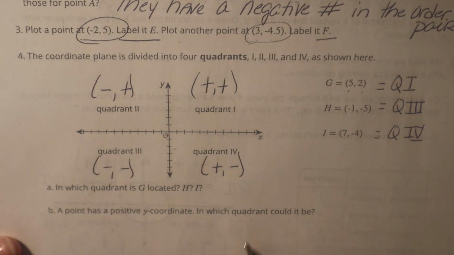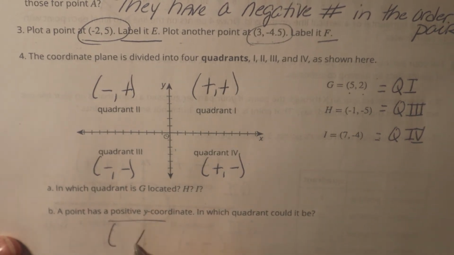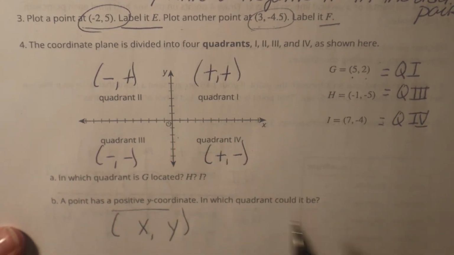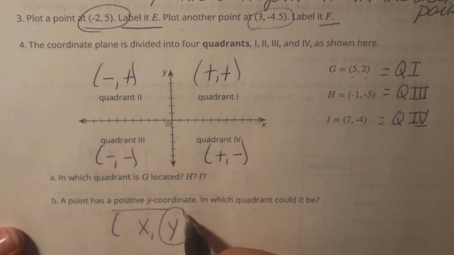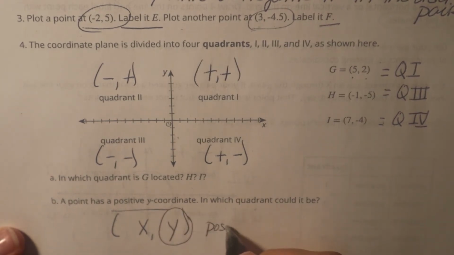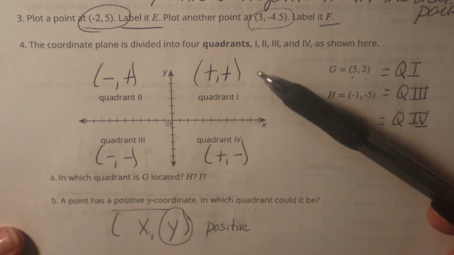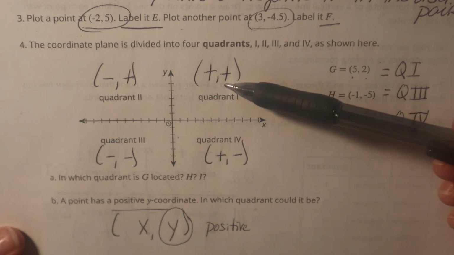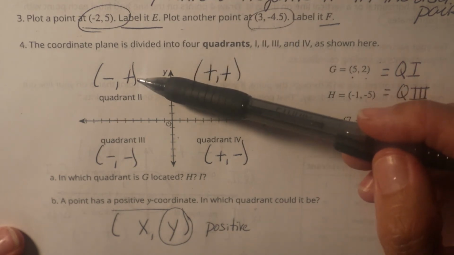B says a point has a positive y coordinate. Okay, so again, if we remember, ordered pairs are x followed by y. In which quadrant could this be? So this here has to be positive. Okay, so if we look up here, it can be a positive if it's in quadrant 1 or if it's in quadrant 2.